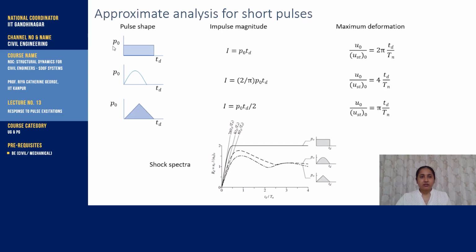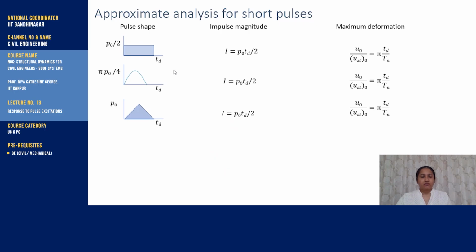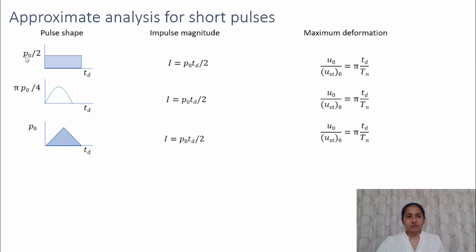Here we have considered pulse shapes with equal amplitude. Now we will consider the same pulse shapes but with different amplitudes, so that the impulse magnitude of all these pulses is the same, equal to P naught Td by 2.